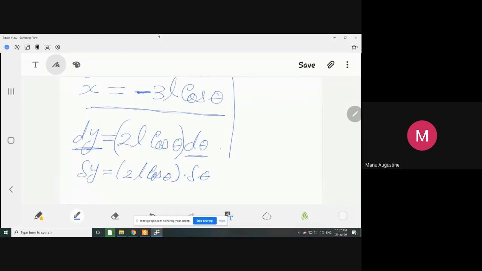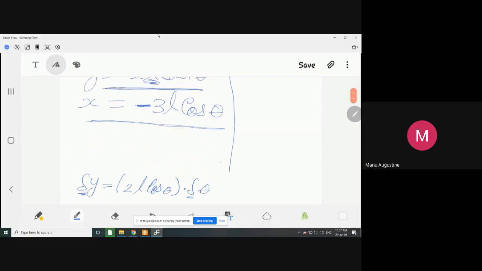And since most of the textbooks are following the notation of del instead of d, I will also be using del y, del theta, del x instead of dy, d theta. But all you have to remember is the process is exactly the same and there is no difference whatsoever in what differentiation means here. So I will avoid using the dy d theta notation and I will go with del y and del theta.